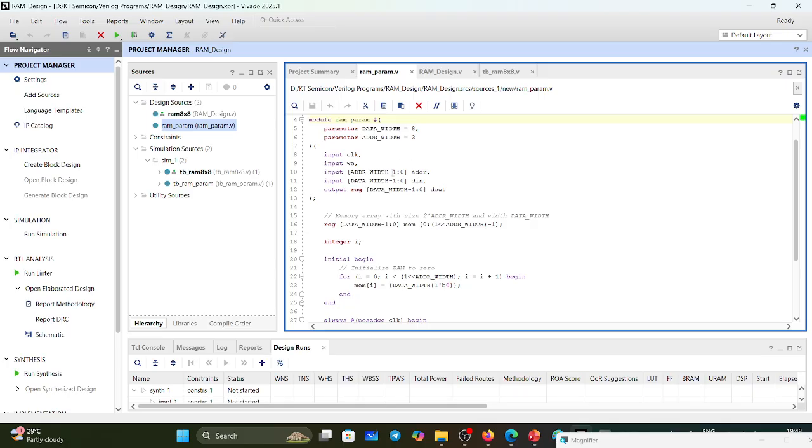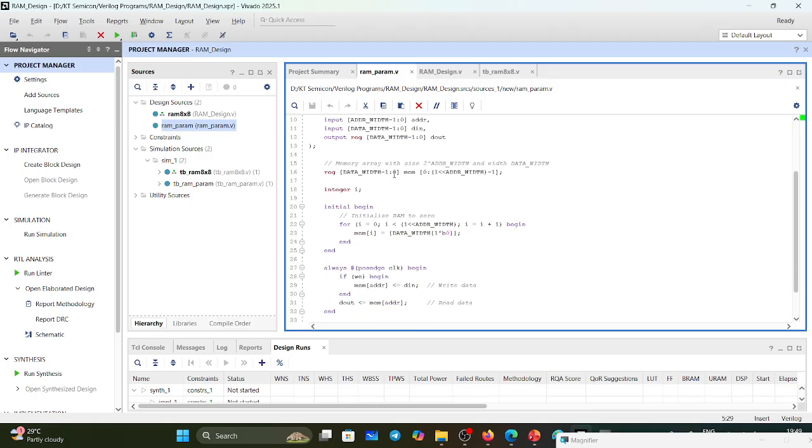Address width minus 1 down to 0, data in. Whatever address width is 3 means 3 minus 1, so 2 down to 0. If it is 8 means 7 down to 0. Suppose if it is 16 means 15 down to 0, like that.